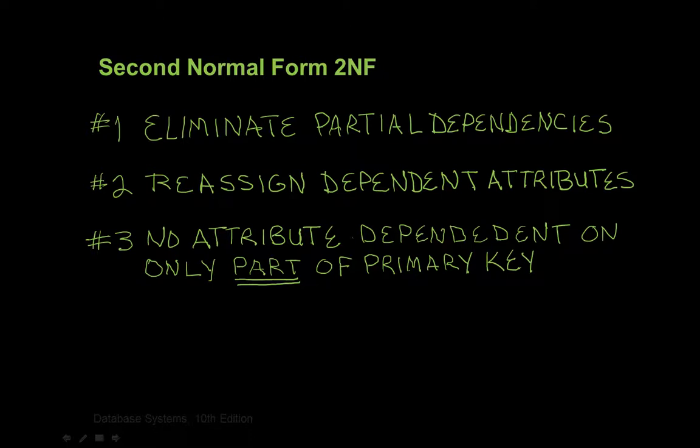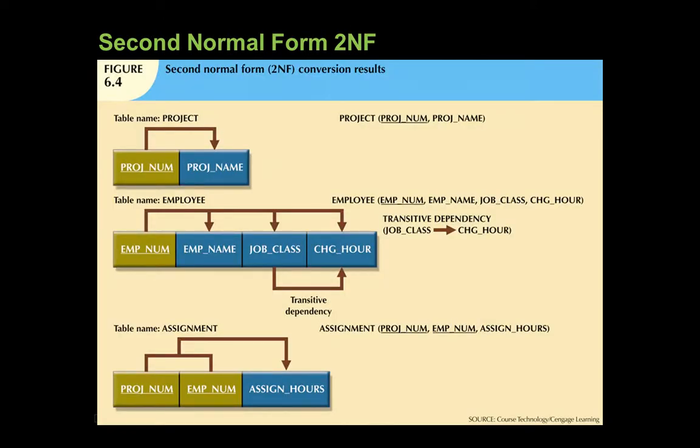Let's take a look at how we'll do that. Here's a chart that has eliminated the partial dependencies that we had established in the first normal form. As you can see, we have broken down our data into three tables: a project table, an employee table, and an assignment table.